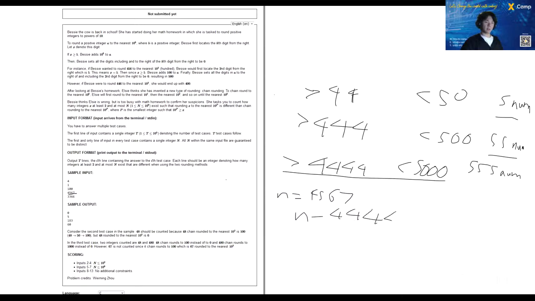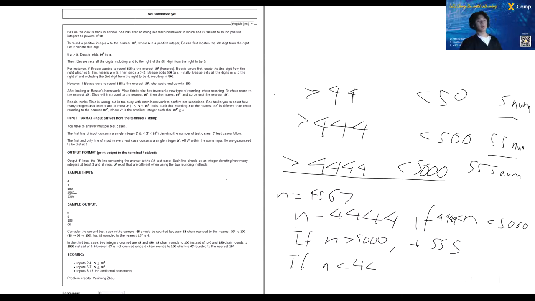If n is greater than 5,000, then every single 4-digit number in range is included, so we just add 555, because we know that's all the numbers in between out of the 4-digit numbers. And if n is less than 4444, then we don't need to do anything at all, because it's +0, as it doesn't include any 4-digit number.